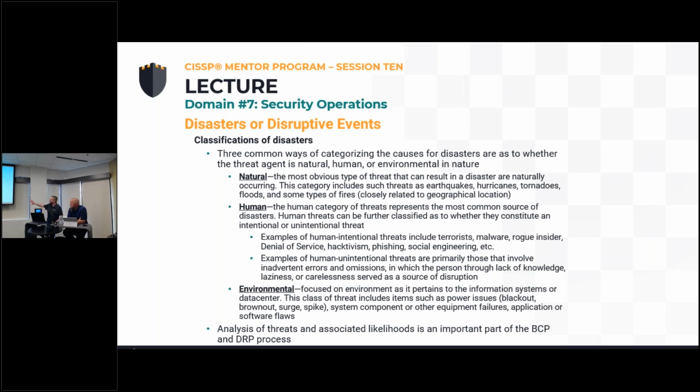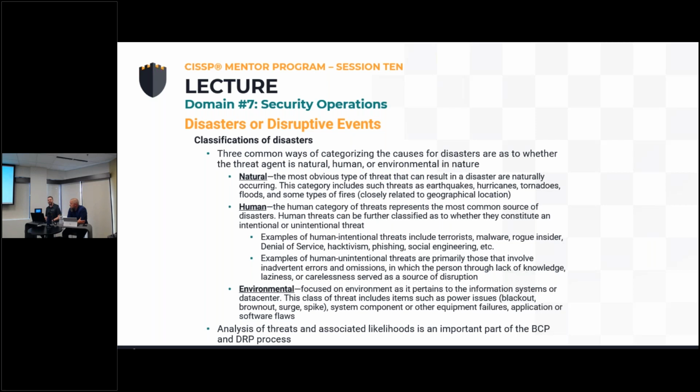But again, just make sure you understand it. When you see it, what's the biggest type of disaster? Human. Whether it's intentional or unintentional, that's the biggest source. And then environmental: the power issues, system failures, flaws in the software. You need to know the difference in those three.